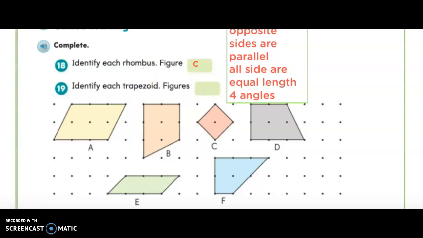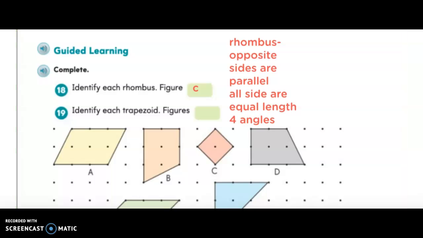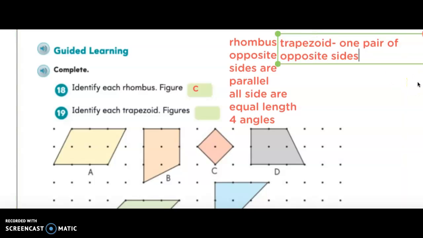Now identify a trapezoid. Let's do the same thing that we did for a rhombus. Things that we know about a trapezoid: there's only one pair of opposite sides that are parallel. So it only needs one set of parallel lines.